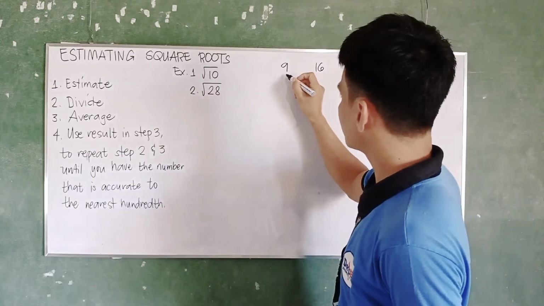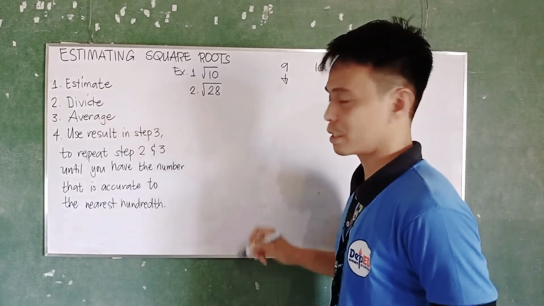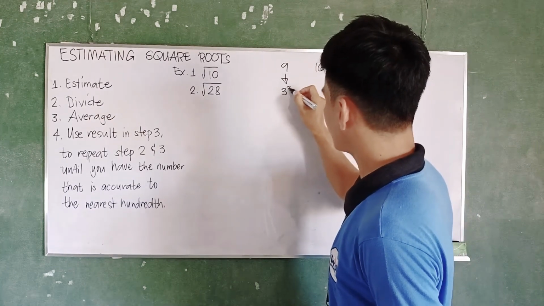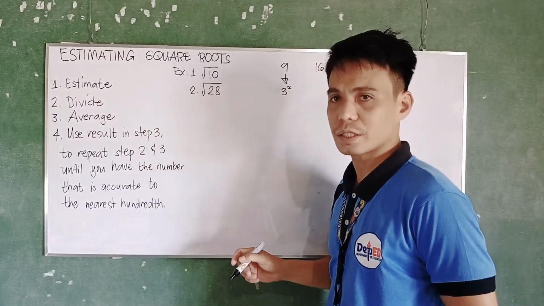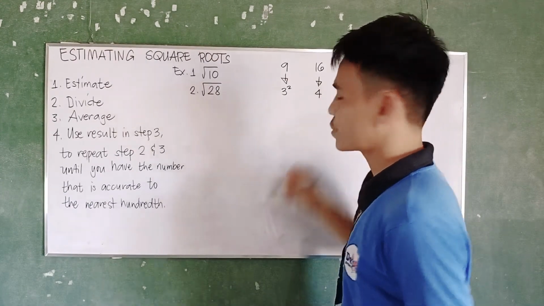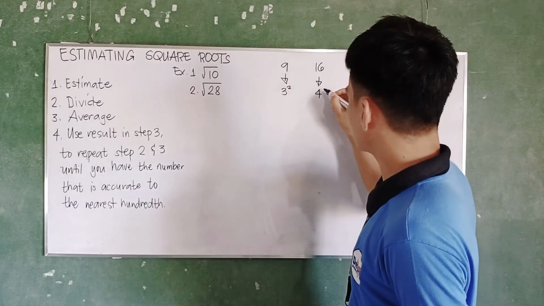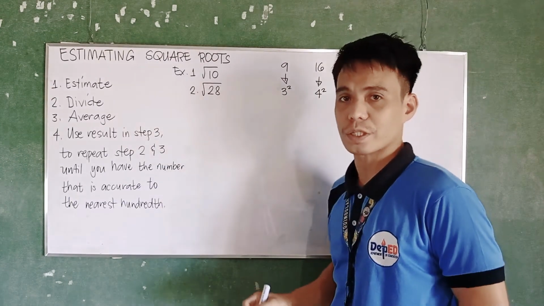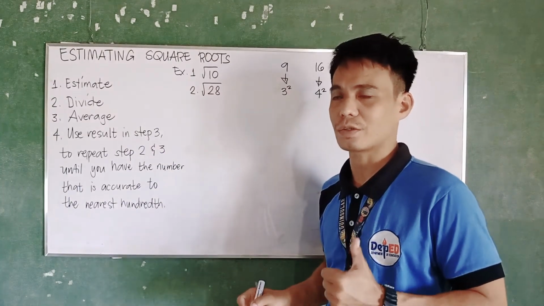So therefore, the root of 9 is 3, because 3 squared is 9. And the root of 16 is 4, because 4 squared is 16. Okay?